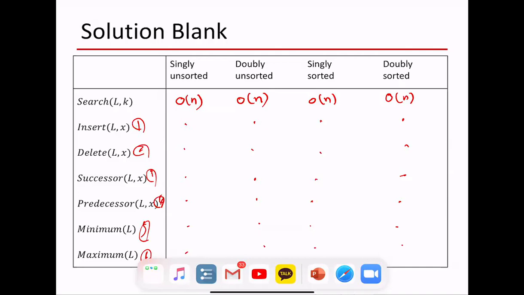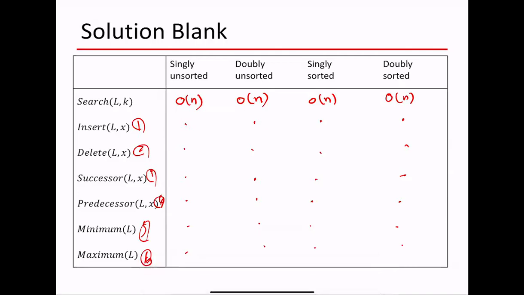Okay, ready? Yuha, insertion. Insertion, singly unsorted is O(1). Why? Because it doesn't matter which position we add it to, so just insert it. Doubly unsorted is the same, O(1), for the same reason.